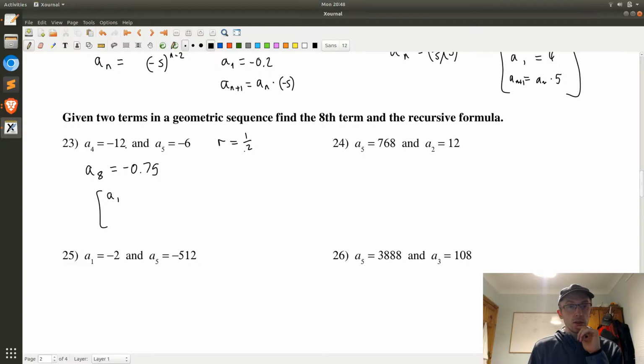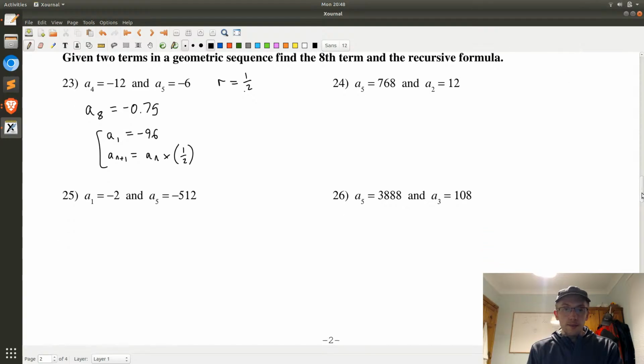Term 2 is going to be -48. Term 1 is going to be -96. Great. And what you do to get from one term to the next is you just multiply by a half. That's it.